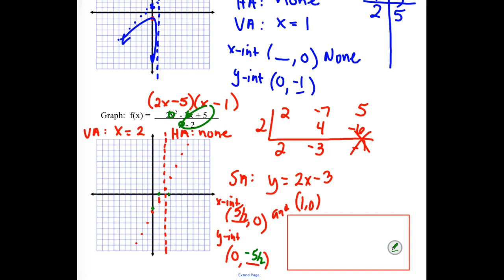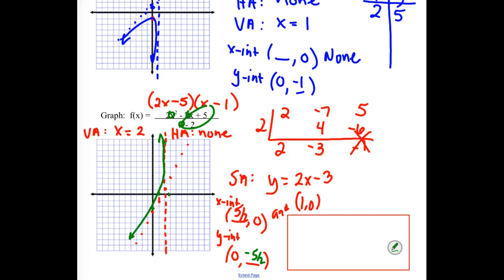Now, I said there were 2 basic pictures that you can expect to see with slant asymptotes. One of them is like the one we did a minute ago, where the 2 little branches are inside the asymptotes. This one has the branches on the outside of the asymptotes. So based on my x and y intercepts here, I am expecting a branch to come down here.